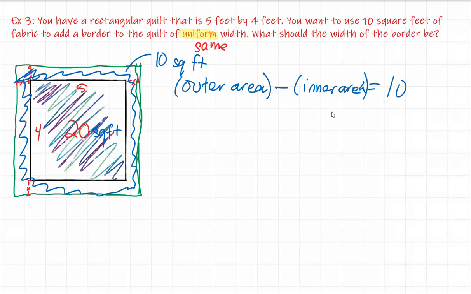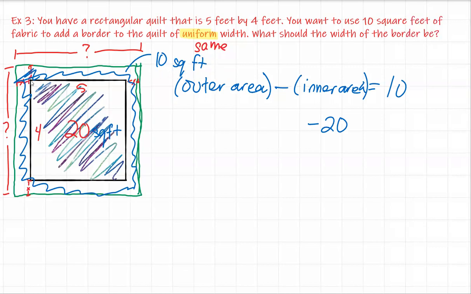Our outer area, we don't know that yet, so we're gonna hold off for a second on that. But we know the inner area is 20. So this is gonna be minus 20. Okay, so for our outer area, we need to know the length and the width. Because then when we find those two, I can multiply them to give me the area.